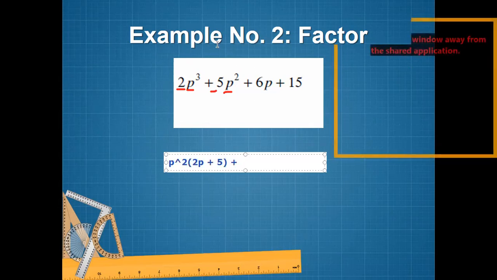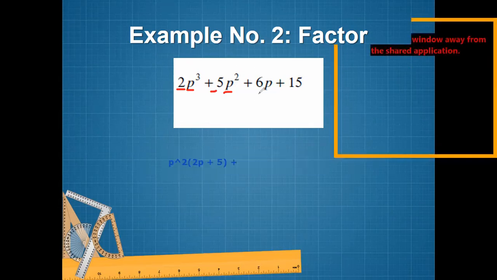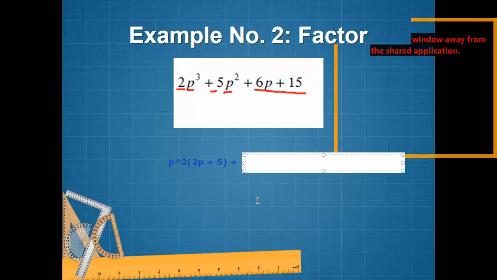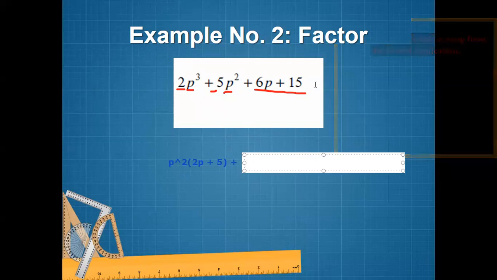6p plus 15. Since we cannot factor out p here, because there's no variable in the constant, we find the greatest common factor for 6 and 15.